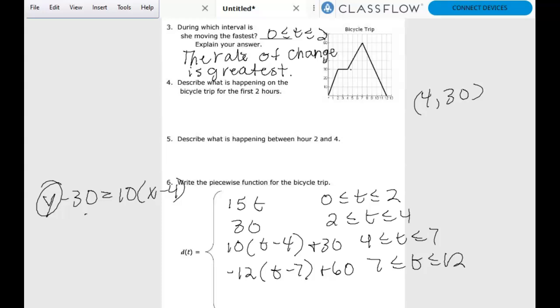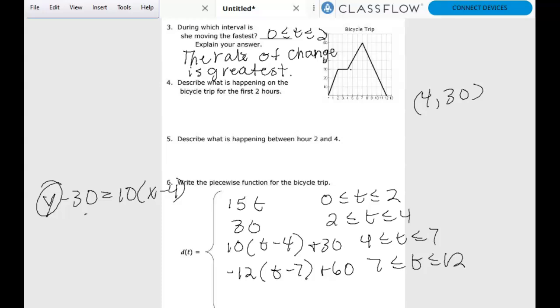All right, somebody give me what they wrote on their paper. In the first 2 hours, she traveled 30 miles. Okay. What else? What else is true? Okay, she's going 15 miles an hour.